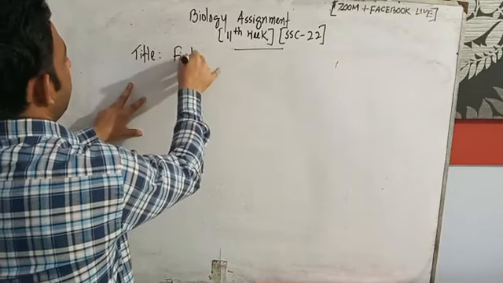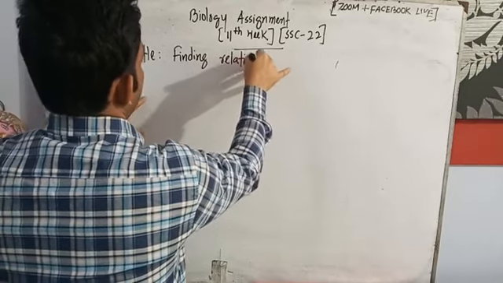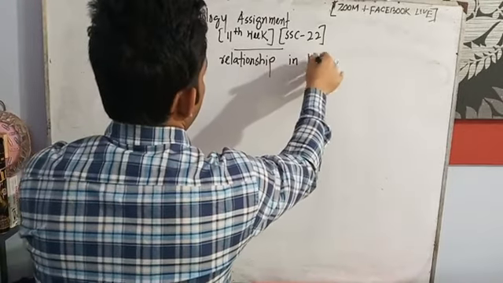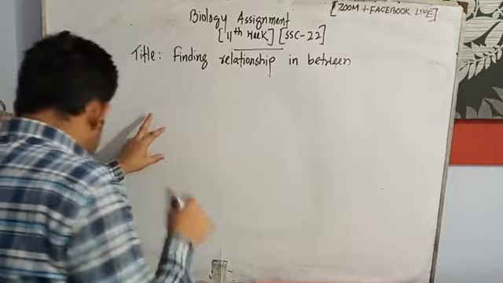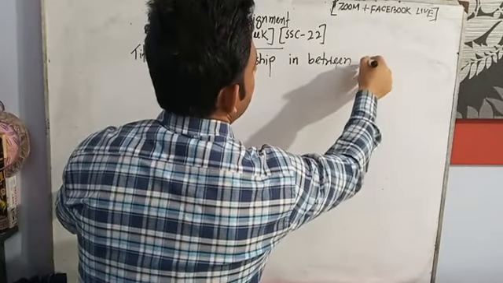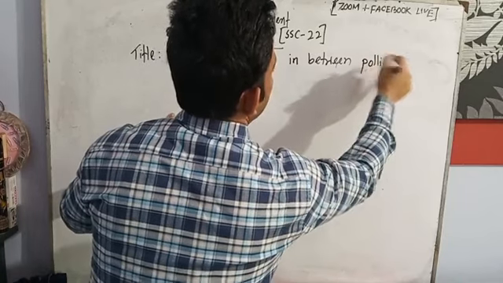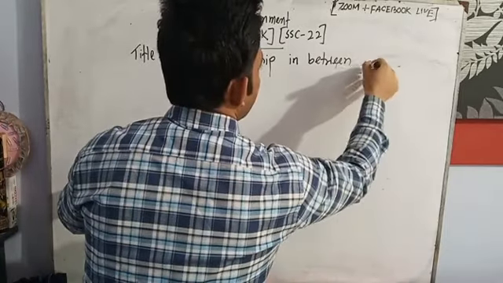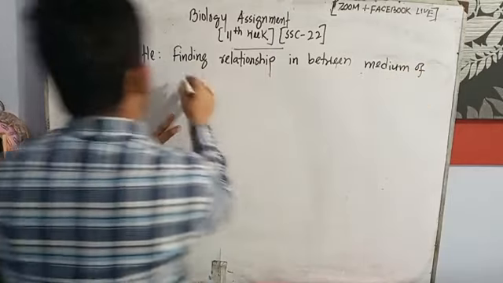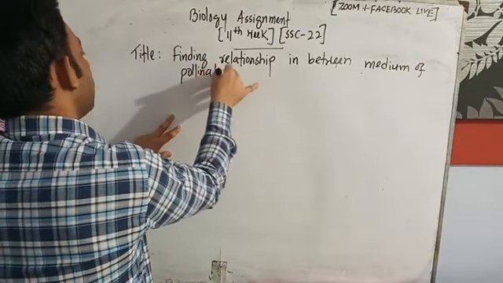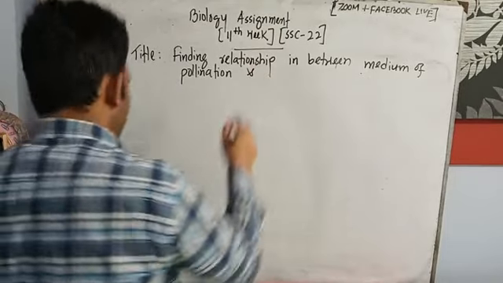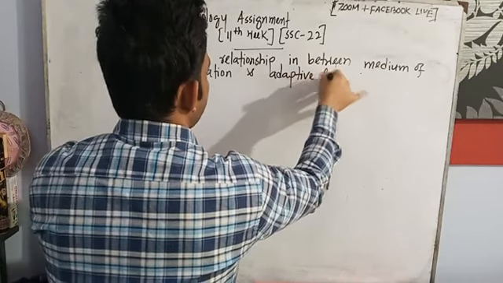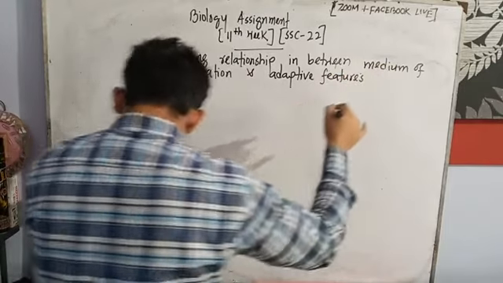Finding relationship in between pollinating agent, medium of pollination, you can write here medium of pollination, and adaptive features of different plants.